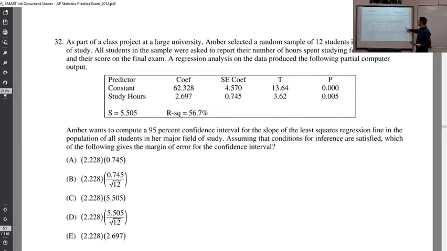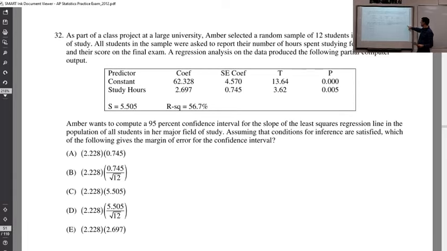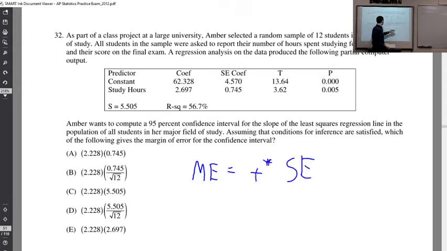32. Margin of error here should equal t-score times standard error. And since the random sample is 12, degrees of freedom should be n minus 2, so 12 minus 2 equals 10.